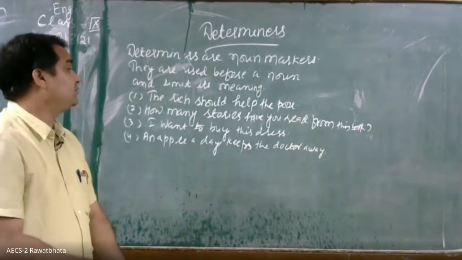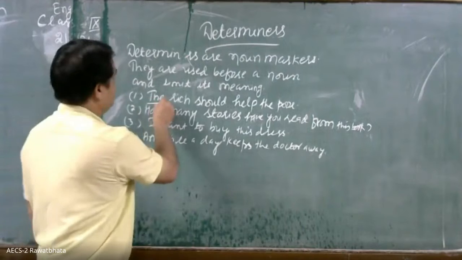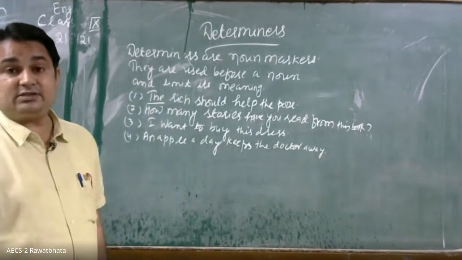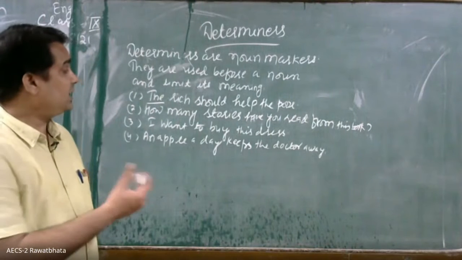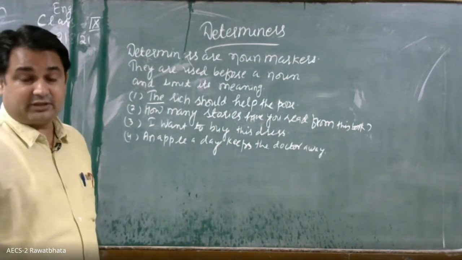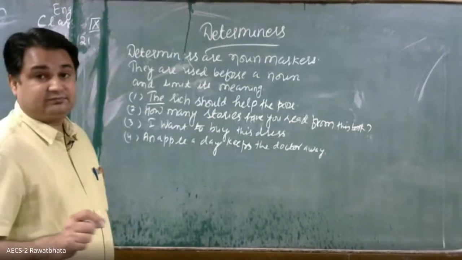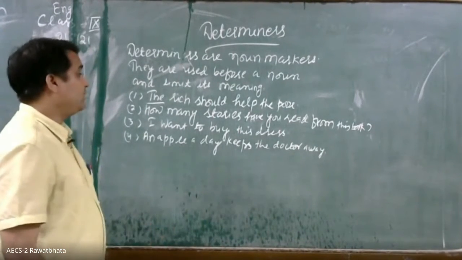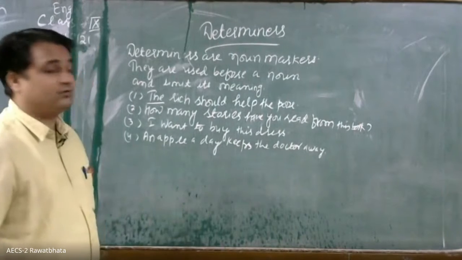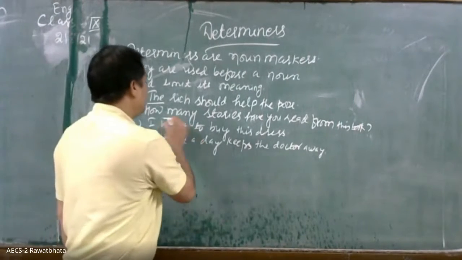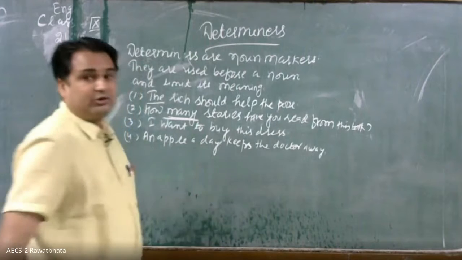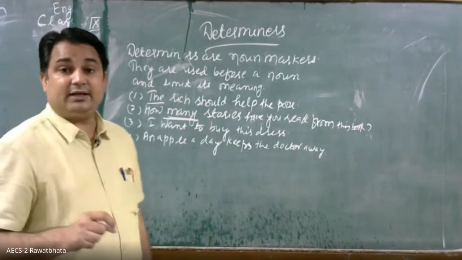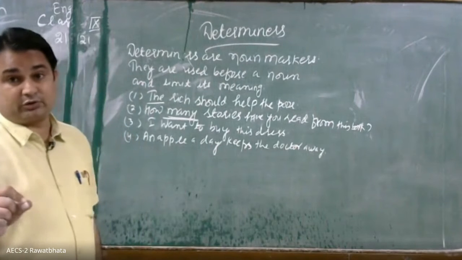The rich should help the poor. The rich, a particular section of the society, is earmarked to help a particular section. So it is limiting the meaning of the noun. How many stories have you read from this book? It is specifying the number of the stories.